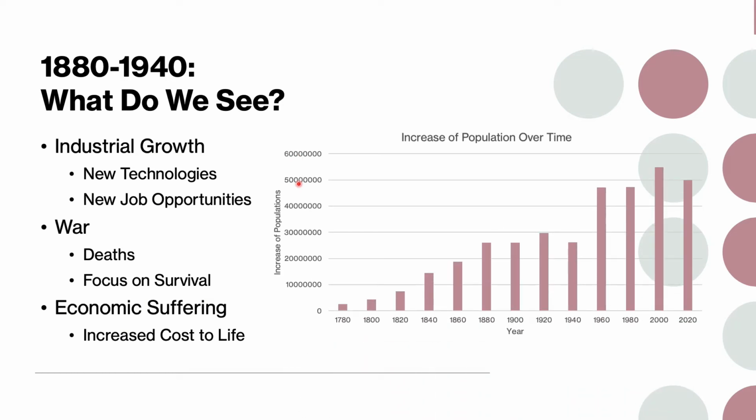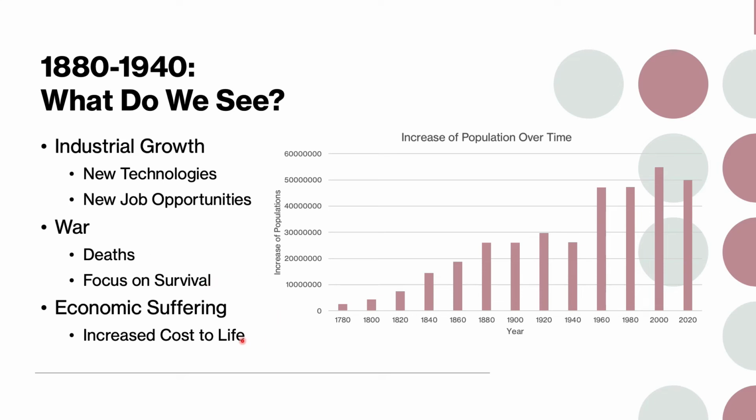Before we continue to the massive spike in the population growth, let's hit the brakes and remember what we found interesting in the beginning. This period seems to be categorized by a rather standard population growth. Why is that? Well, despite the benefits that should be coming from the industrial growth, this period ends with war and economic suffering. War results in loss of life, injury, and a focus on survival.